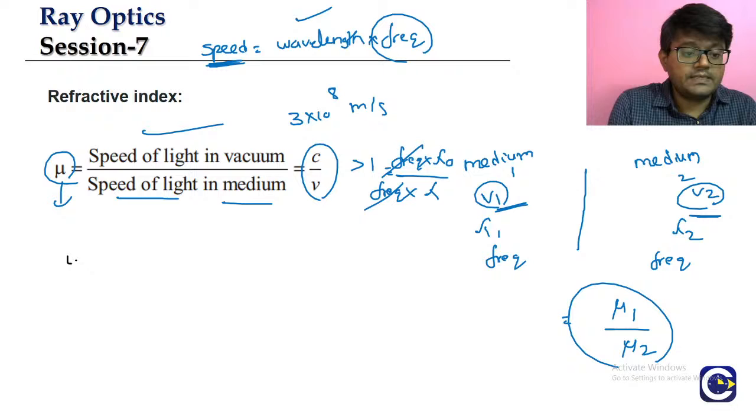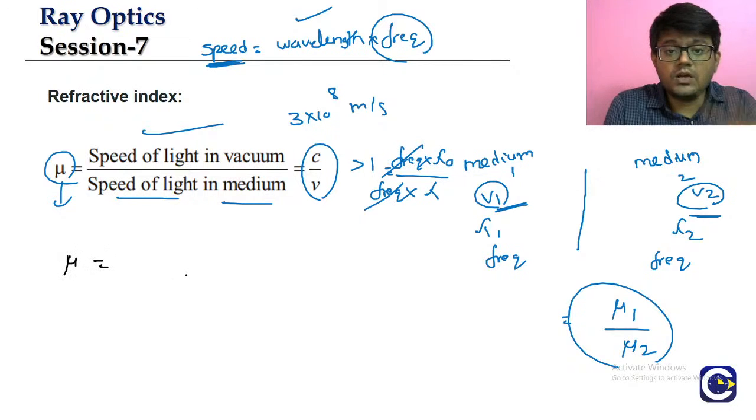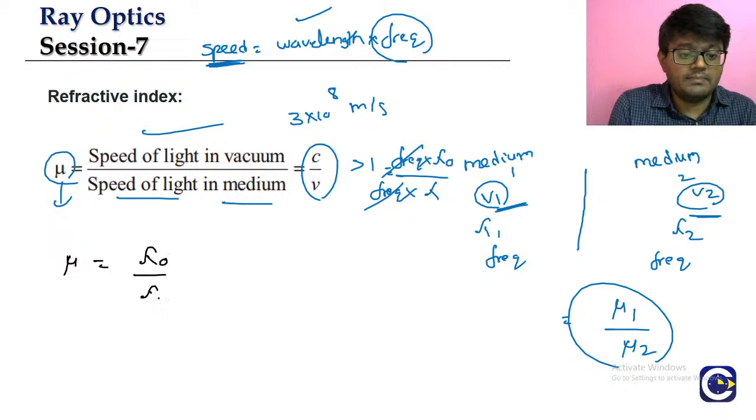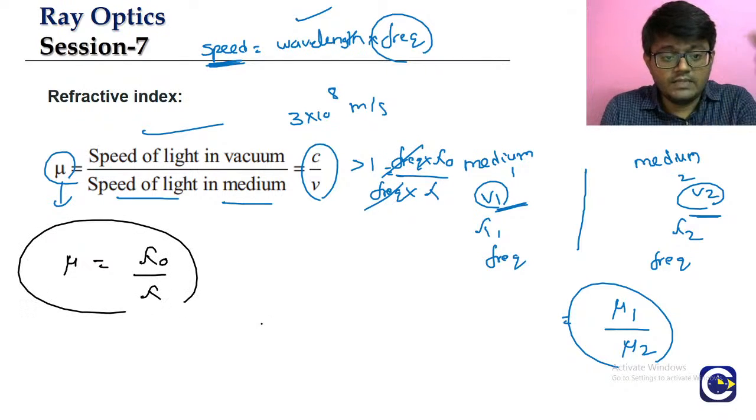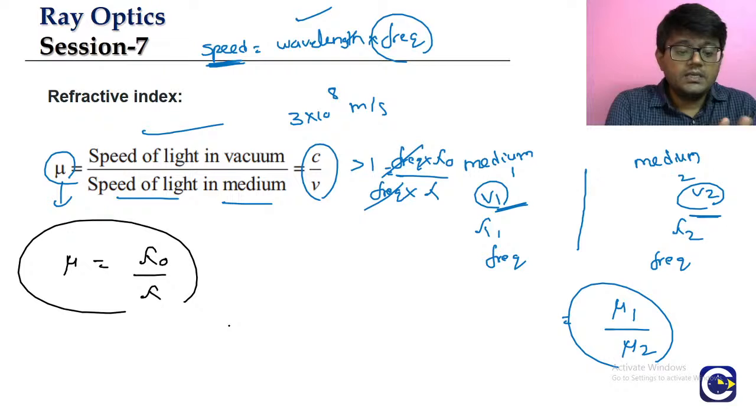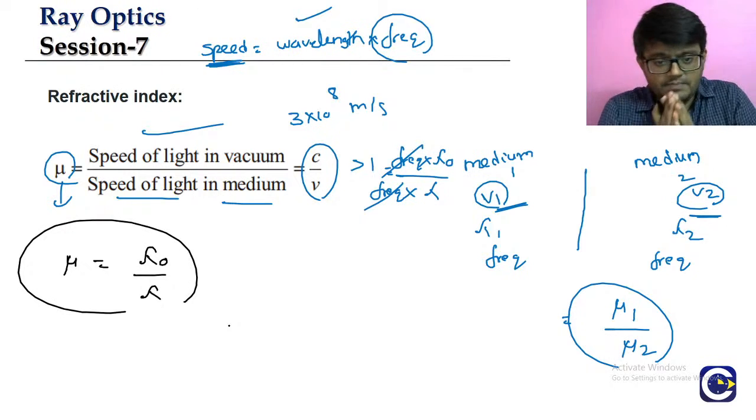Refractive index mu can also be understood in terms of the wavelength. It will be lambda naught by lambda: lambda naught is the wavelength in the vacuum, divided by lambda, the wavelength in the particular medium. This is how we see the relation in terms of the property of the light when it is moving from one medium to another medium.